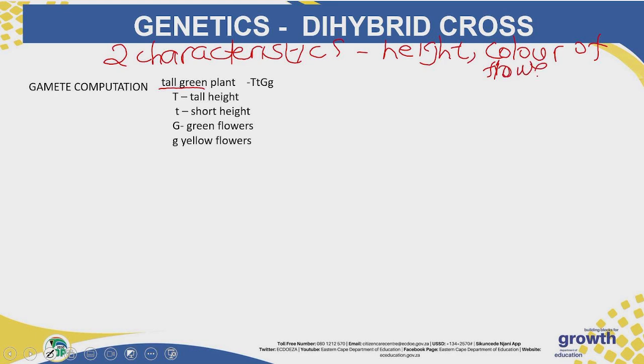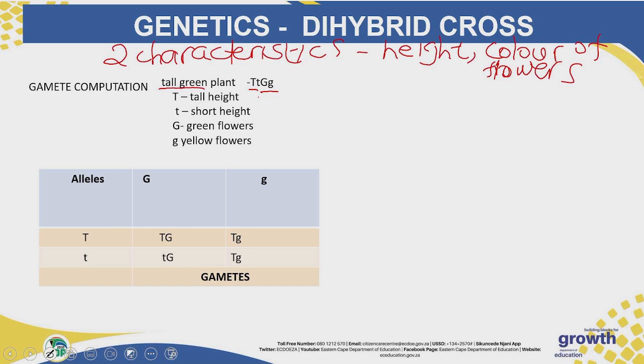Sorry for my writing. So if we're looking at a tall green plant, maybe it said in the question that it was heterozygous for both characteristics, meaning that you have got a capital T and a small t for the height, and then you get a capital G and a small g. So it means that it is heterozygous for the height and for the color of the flowers.